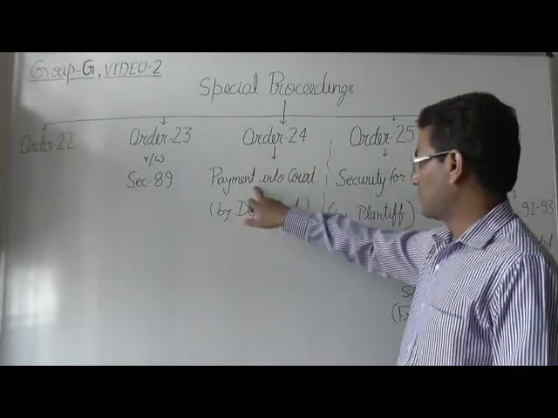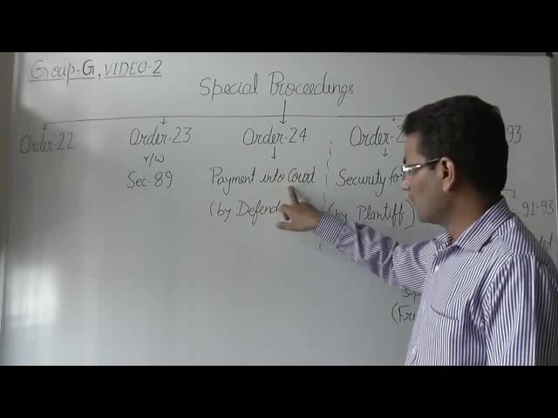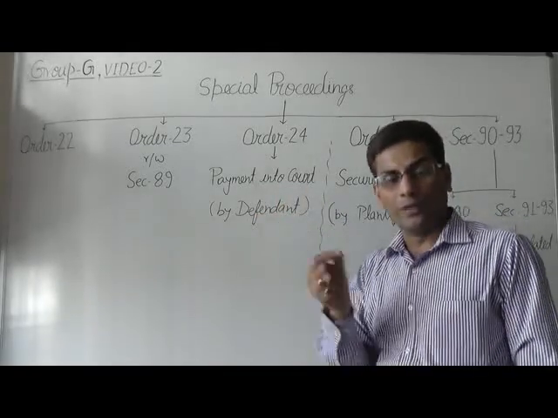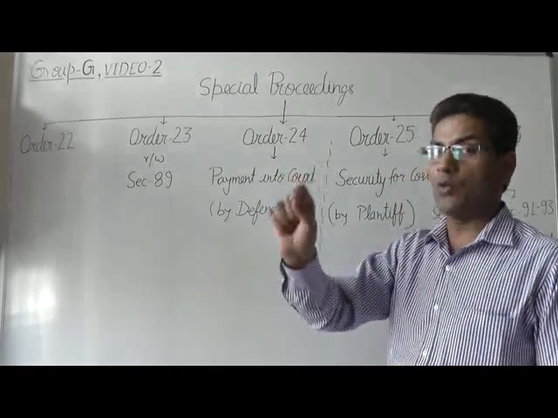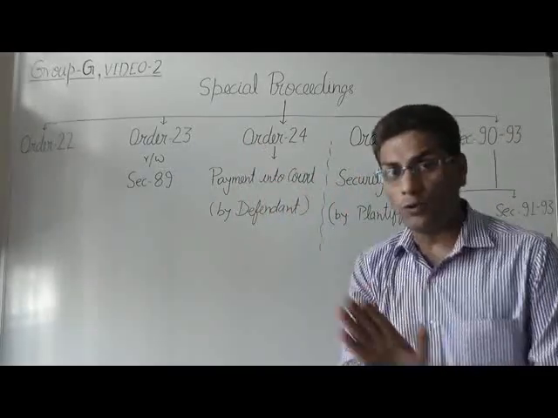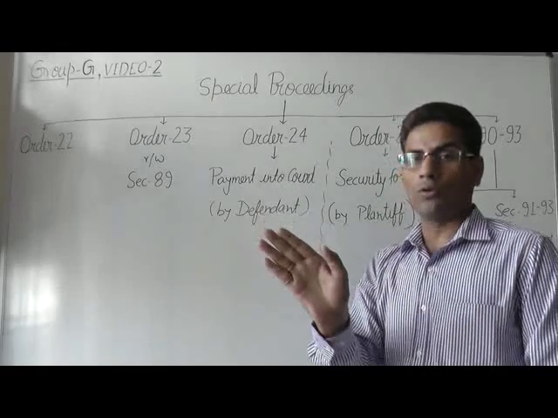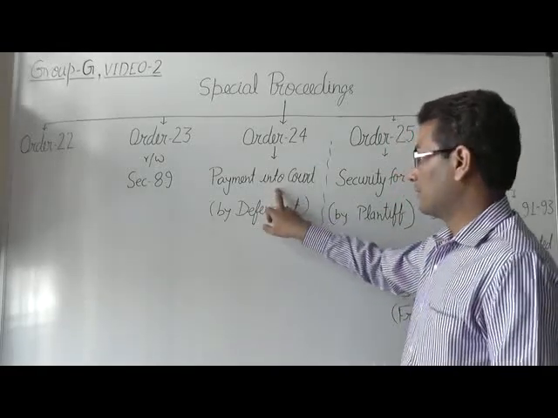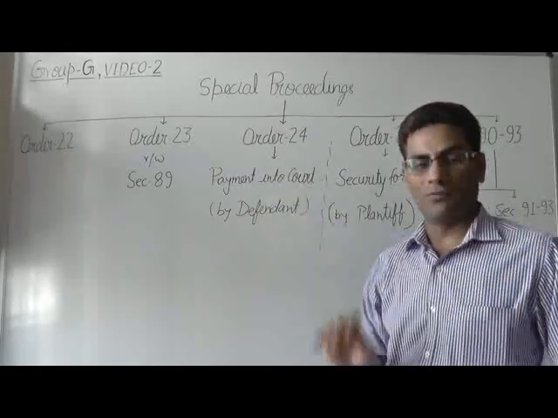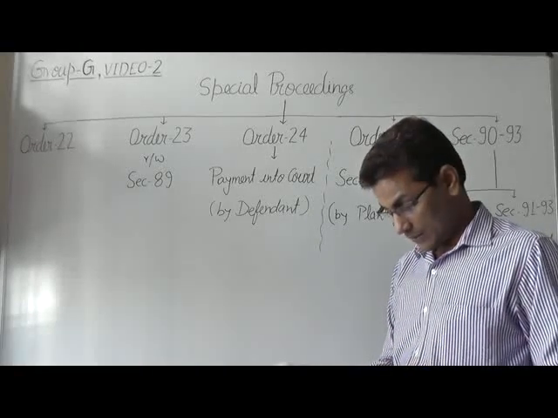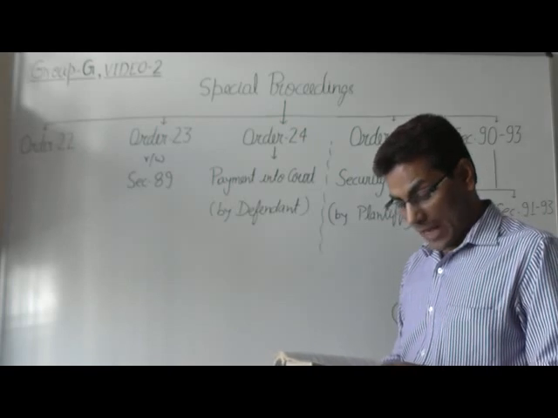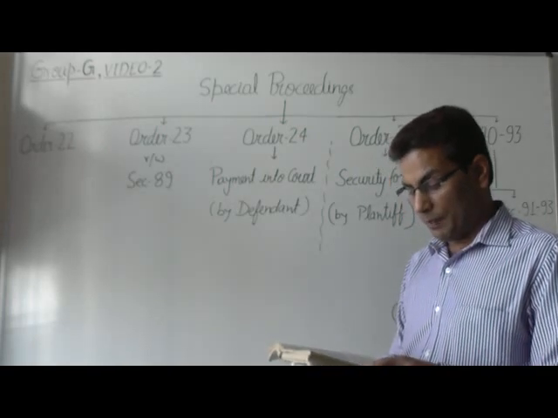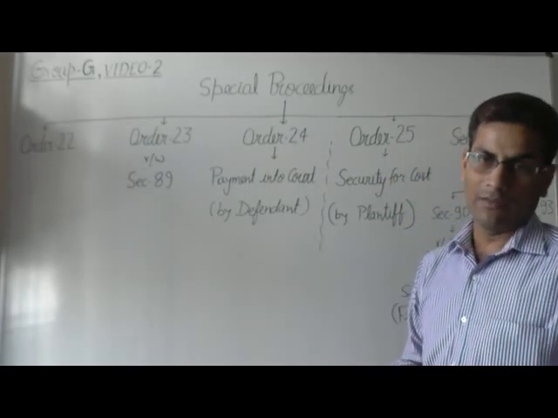Defendant may make such payment into the court, and then he shall have to make a notice to the plaintiff through the court, not directly, through the court, about such payment to the plaintiff. And the amount of the deposit shall be paid to the plaintiff on his application.